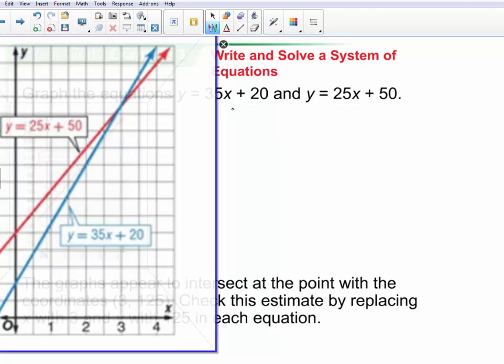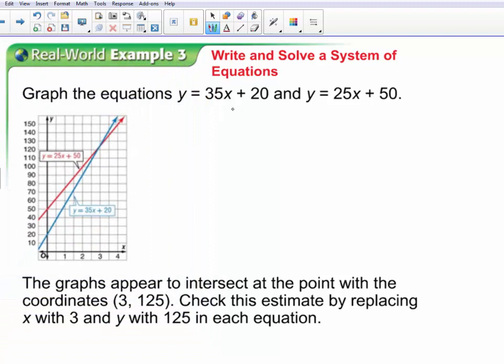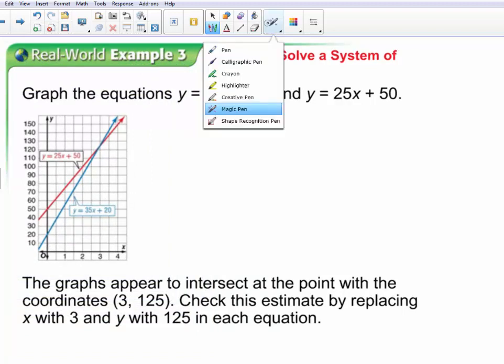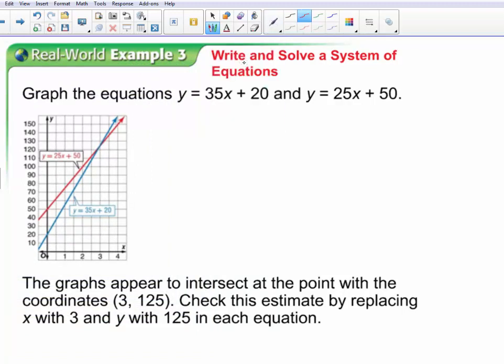If you follow that down, it's at the 3 going horizontally, and vertically the zoom didn't work so well, so I couldn't see that. But it's going from the 3 there, and looks like in the 125-ish. Let's see, yeah, 3, 125.